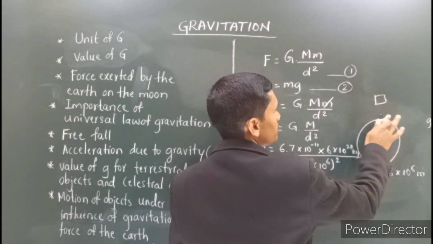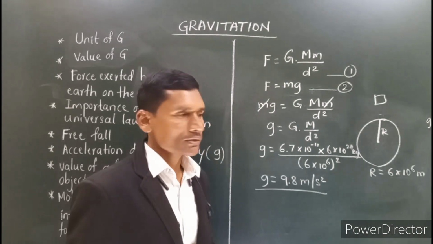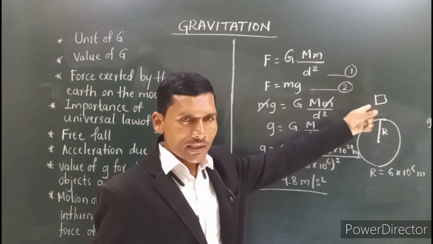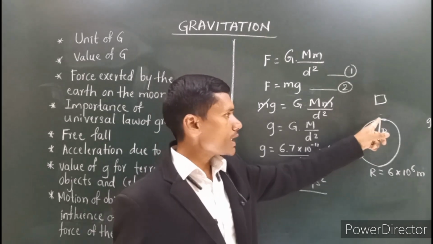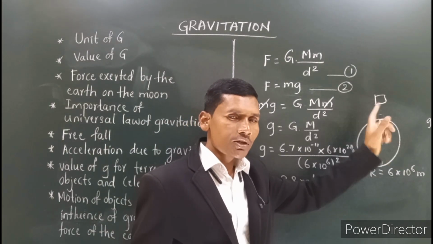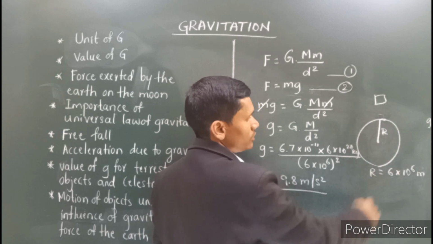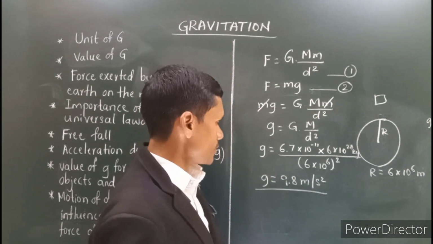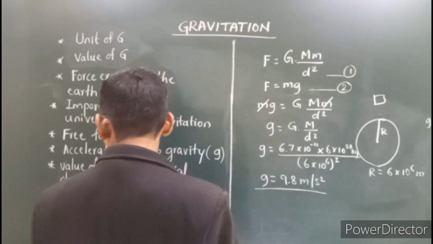You need to mention that exact distance, only then can we calculate it. Only when the objects are on the surface of the earth or near the surface of the earth can we consider r equal to d and substitute. So this is just the value of g.